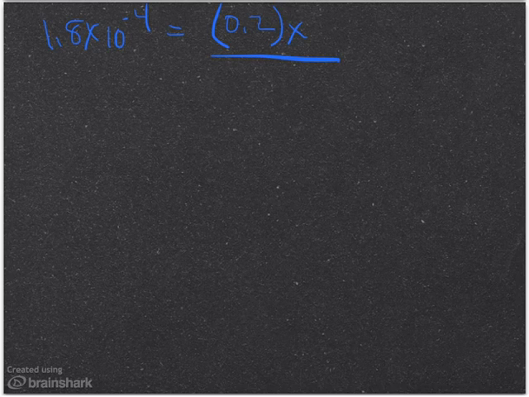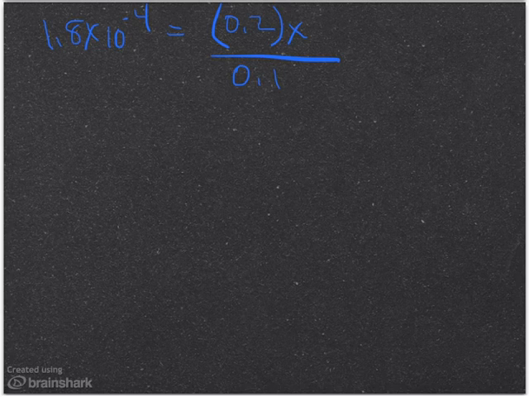Now if we set this up, we had a Ka of 1.8 times 10 to the negative 4, equal to the H3O plus, which we had as 0.2 plus x, but because the change is going to be so small, we don't need to put that in, so you just have 0.2 and then x, and that's all going to be over originally 0.1 minus x, but again the change is so small, so you just have 0.1.